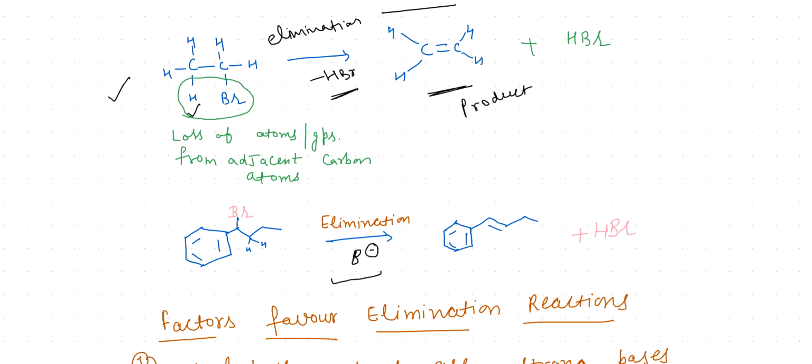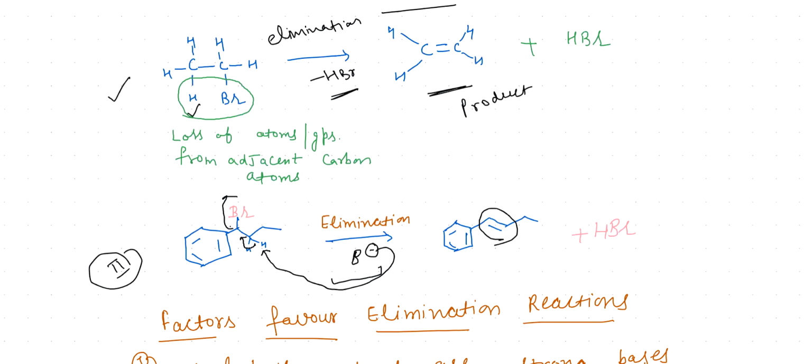So this is another example. Here, the base will abstract the proton from here, and further the electrons will shift to form the carbon-carbon double bond, and this facilitates the removal of bromine, that is the leaving group, thus forming a double bond between these carbons.